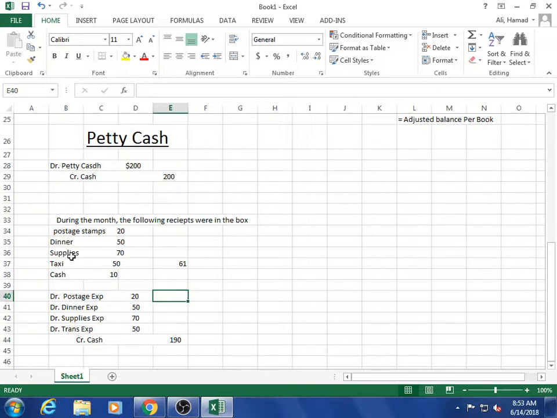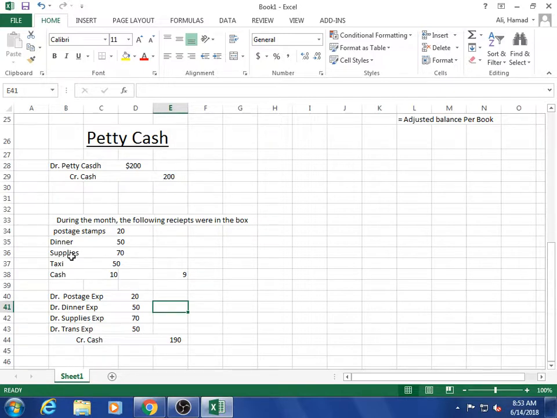Sometimes you have, let's assume that the cash is $9 instead of 10. So what's happening here? Someone took $1. So we are short $1.